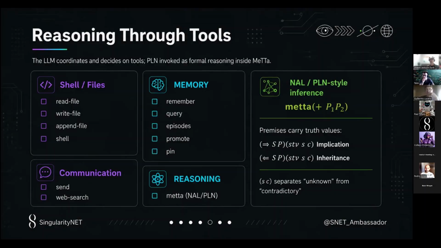The key idea is that the LLM orchestrates, the tools provide capability, memory provides context, and MeTTa enables formal reasoning. That combination is what makes OmegaClaw a hybrid neural-symbolic agent architecture.